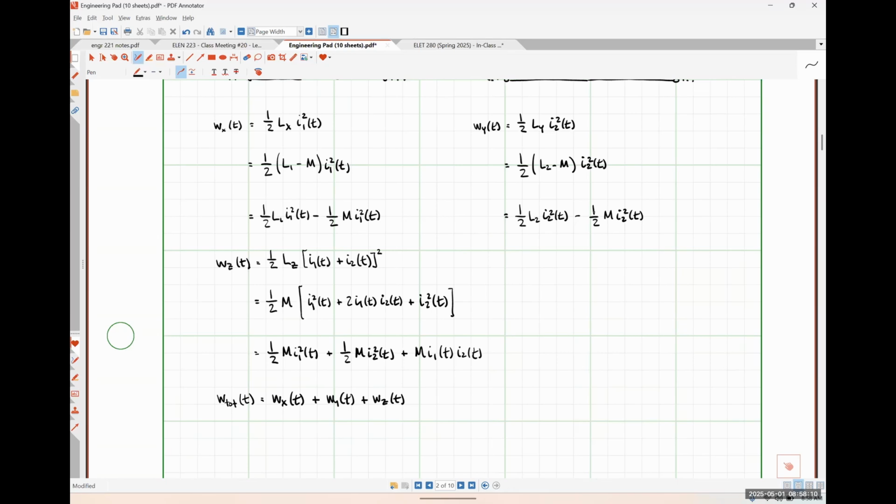Similarly, W_y has a term of minus 1/2 M I2 squared. W_z has a term of plus 1/2 M I2 squared.